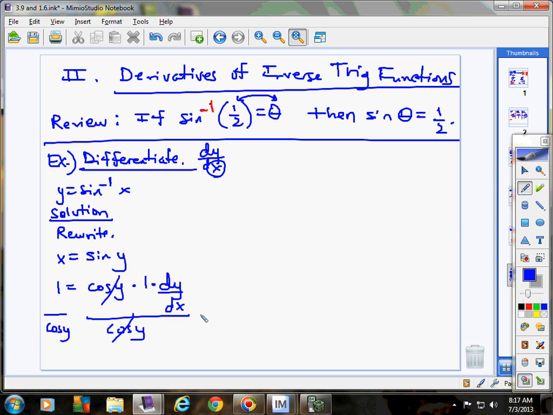Those cancel. So dy/dx equals 1 divided by the cosine of y.